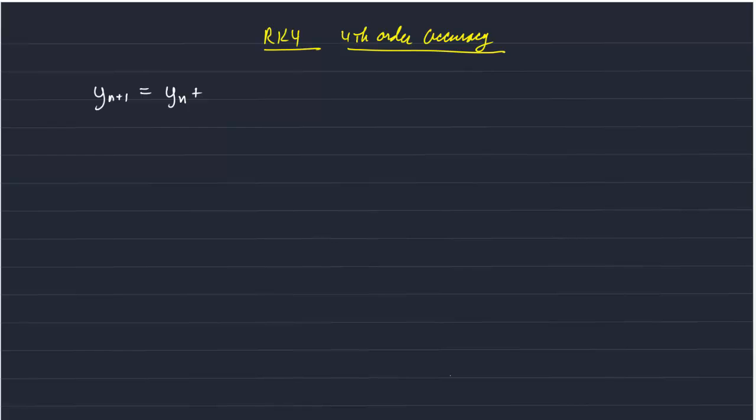And here, instead of taking the weighted average of 2 values of slope, we're going to take the weighted average of 4 points. So we'll have K1, K2, a third of K3, and then 1/6 K4.